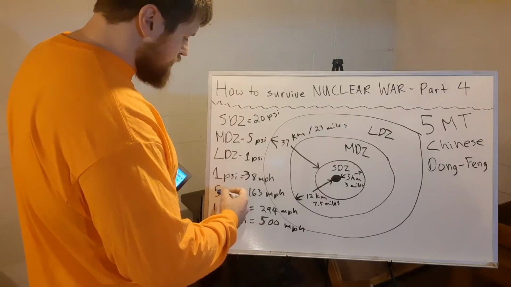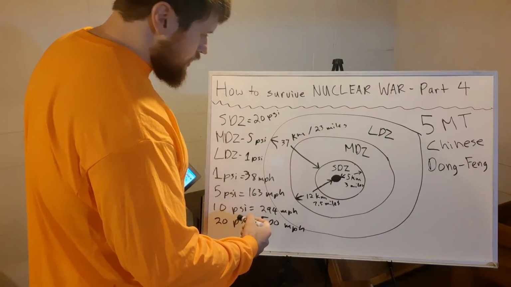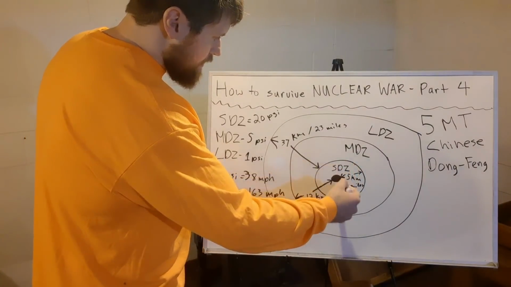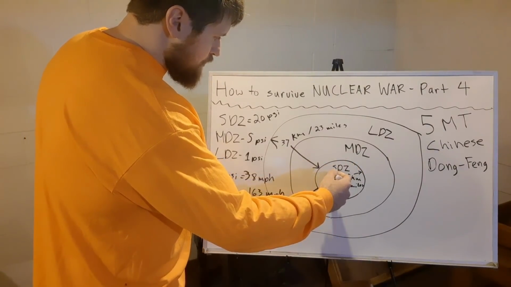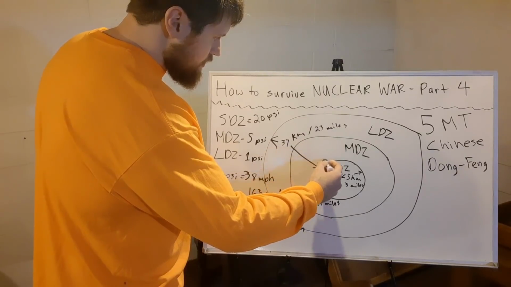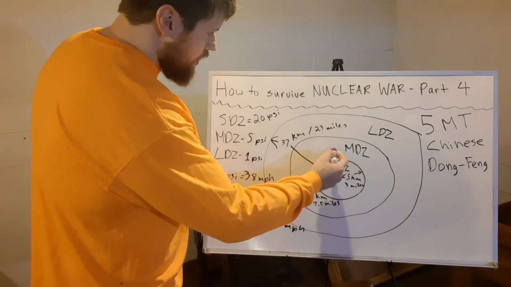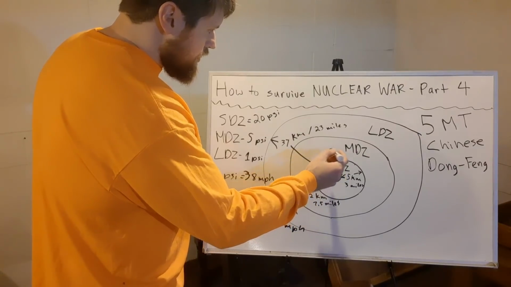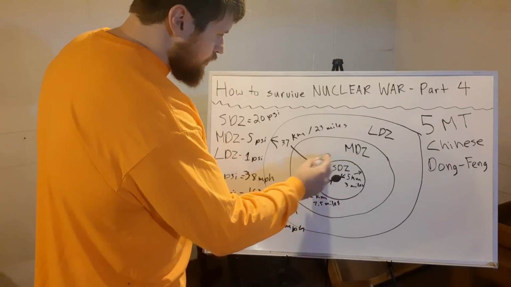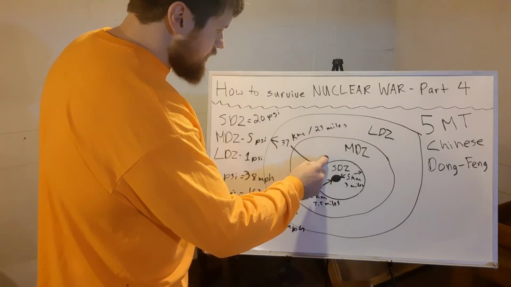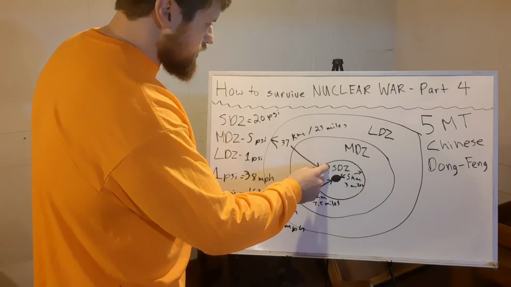It could go from 5 PSI up to 20 PSI, because the 20 PSI starts at 3 miles out from the flash point. So as you get closer to the SDZ, it's not going to be like a hard line. It's not going to be, you know, you're at 3.1 miles away and it's 5 psi, and then you go 2.9 miles away and it's going to be 20.